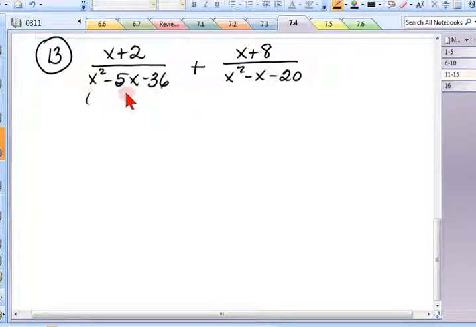The factors of these denominators, and they are both trinomials. So that's going to be 1 plus and 1 minus. I need an x and an x. I need factors of 36, which have a difference of 5. 9 and 4. For the second one, I need an x and an x, I need a plus and a minus, I need factors of 20 with a difference of 1. Plus 4 and minus 5.